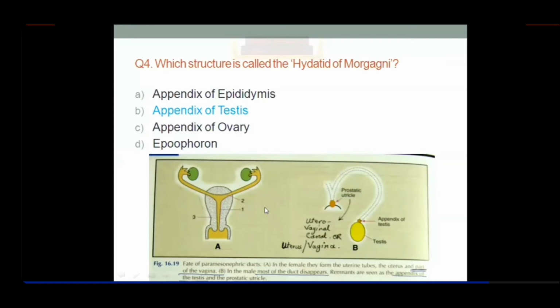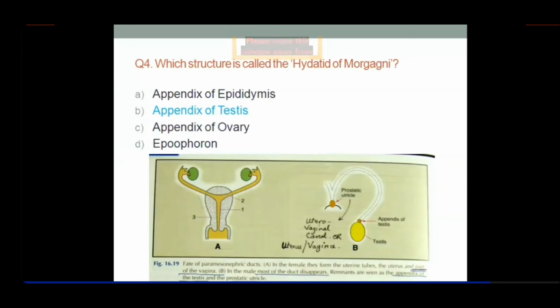But the upper end and the lower end of the paramesonephric duct persist in the form of these two remnants. Remember that the cranial remnant of paramesonephric duct is called appendix of testis, while the caudal remnant, because caudally the two paramesonephric ducts fuse to form the uterus and upper one-third of vagina, right? And they merge here into the posterior aspect of the prostatic urethra.